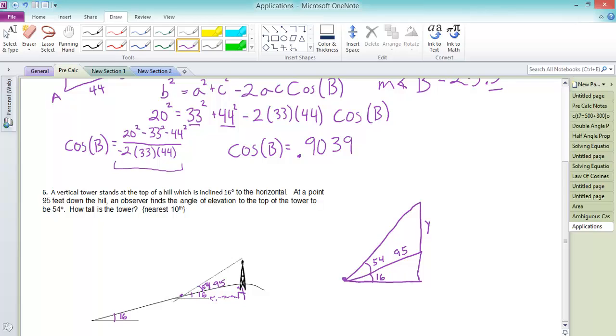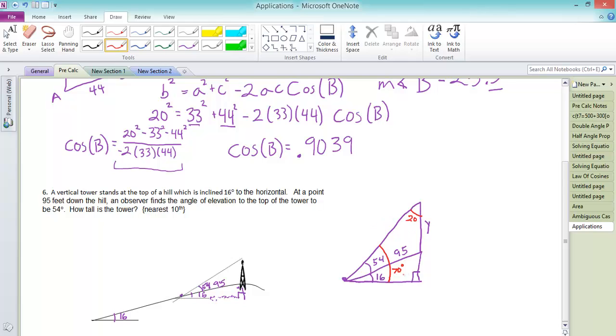Well, I realize that this is a 90-degree angle, so I have 90, and then 54 plus 16, which is 70 degrees. This angle right here is 70 degrees, so that makes this 20 degrees.